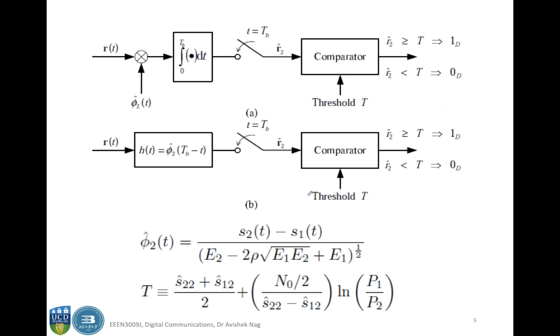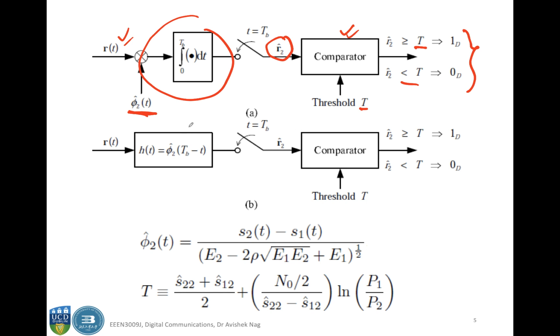So with this arrangement, you can just have a single correlator which is correlating the received signal with respect to phi 2 hat, which is the second axis of the transformed coordinate system, and then after sampling you get R2 hat, and you are passing it through a comparator circuit to check whether it is greater than a threshold or less than a threshold, and then you make your decision.